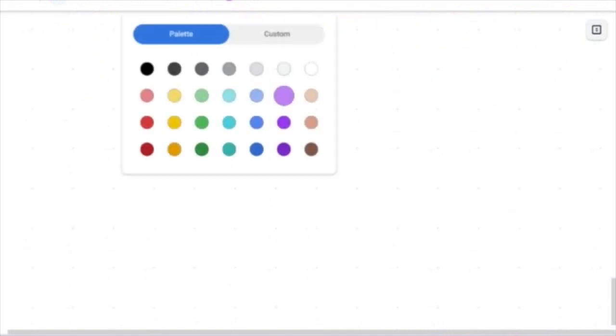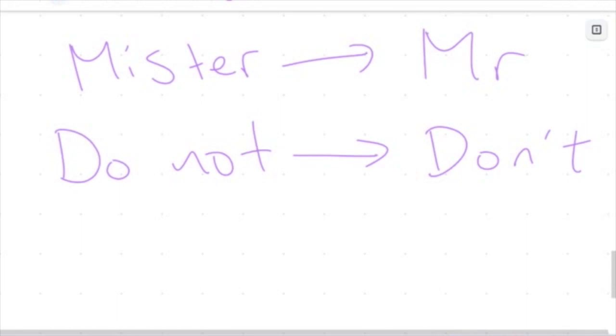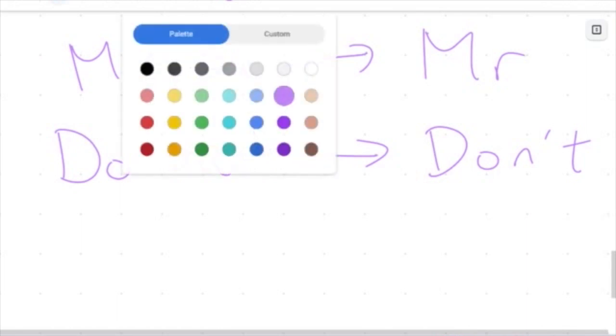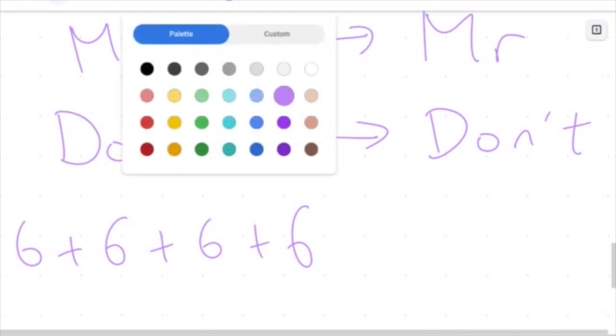If I write, for example, now let me actually leave this in the same way here. My abbreviation for, let's say, 6 plus 6 plus 6 plus 6, well, I have my 6 getting added. How many times is it getting added?